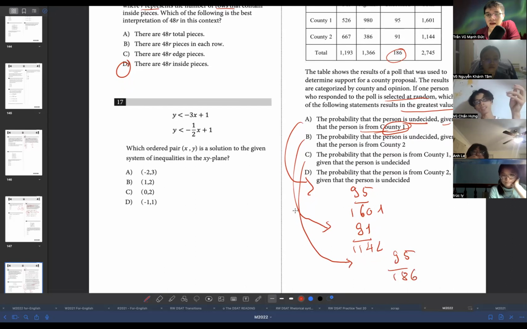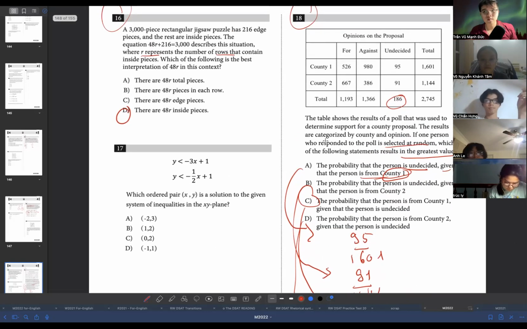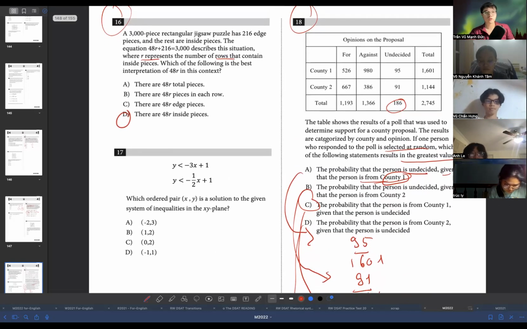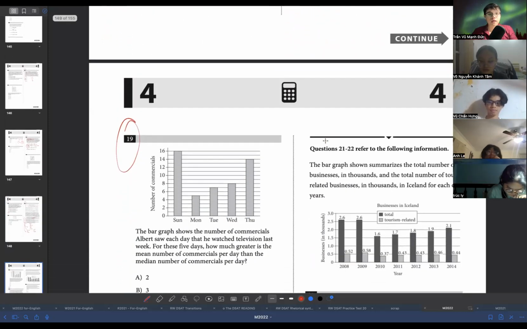And finally D, 91 divided by 186. Your final answer is C. C, exactly. Remember to walk through these kinds of questions carefully, all right? Don't be careless. These will be very easy, but it will fool you if you don't pay attention closely enough.